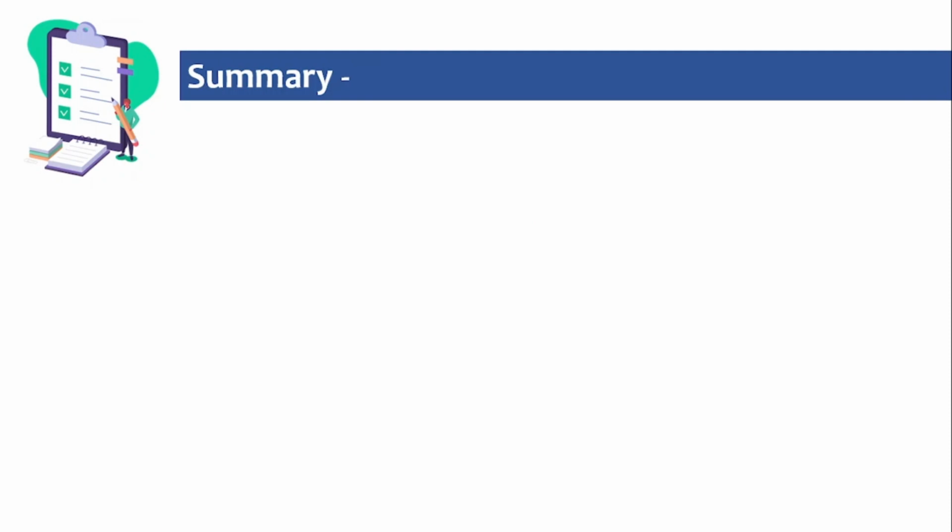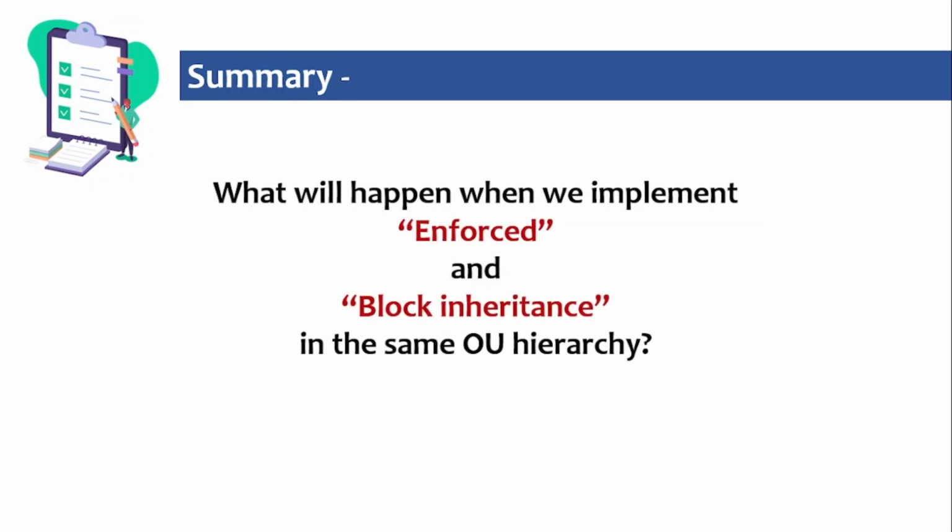Let's summarize what we have seen today. Today we asked a question: what will happen when we implement enforced and block inheritance in the same OU hierarchy?